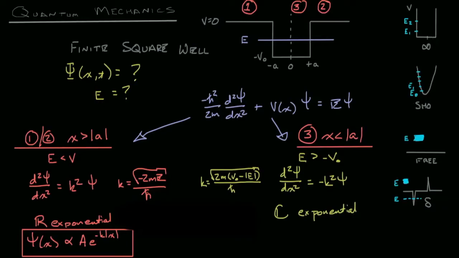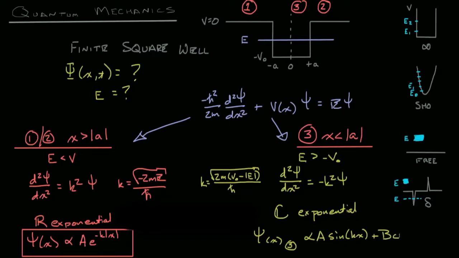We saw this when we were looking at the infinite square well, which led to sinusoidal behavior. So we know that psi of x for region 3 looks something like A sine kx plus B cosine kx.